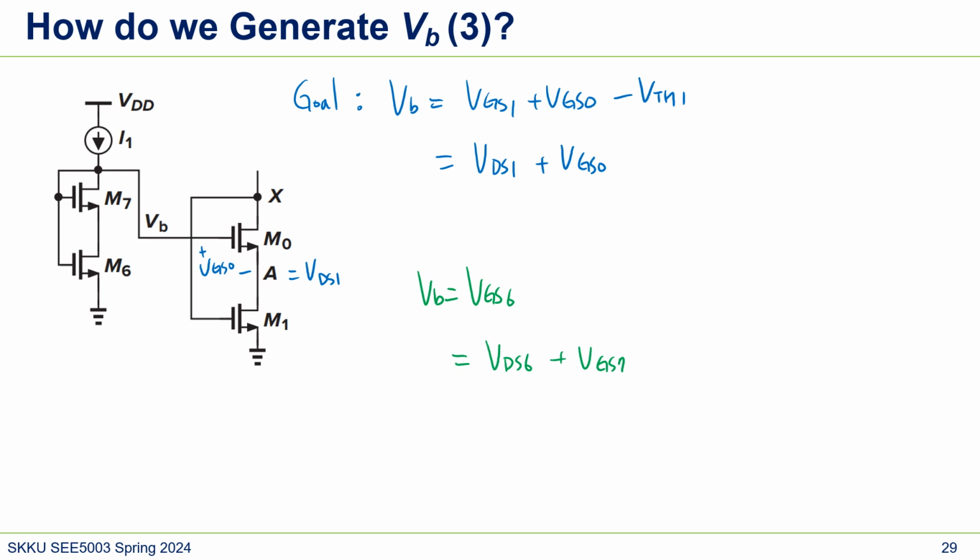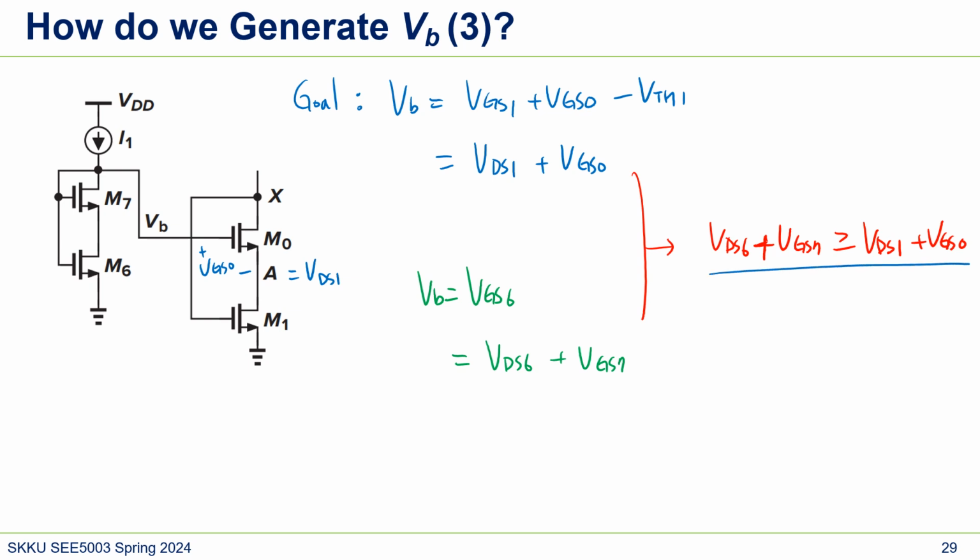So the two conditions can be represented like this: the goal is the minimum, so VDS6 plus VGS7 should be larger than or equal to VDS1 plus VGS0. So we need to meet this condition.